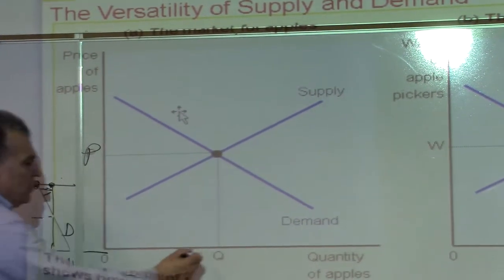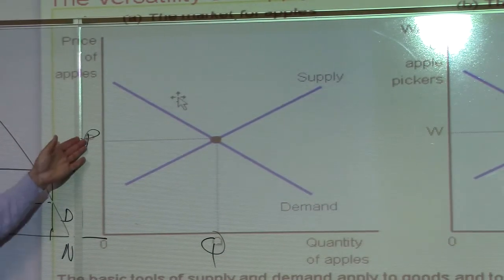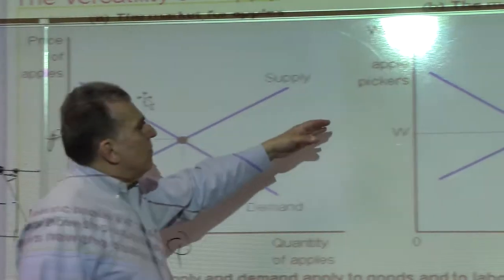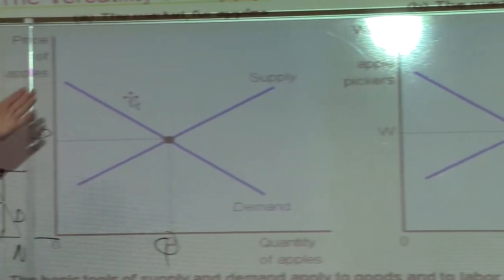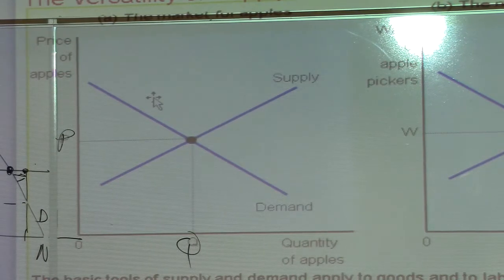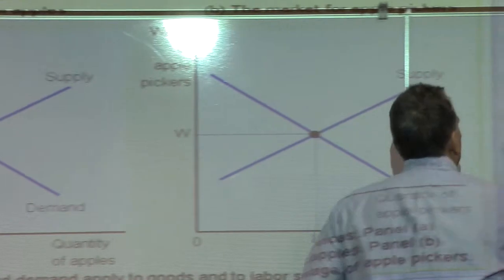All right? Once Q, the quantity of apples in the marketplace, determines the price, the individual wage rate for apple pickers depends on the market for apples. Here is the market for apple pickers, which determines the wage rate, okay, for apple pickers.